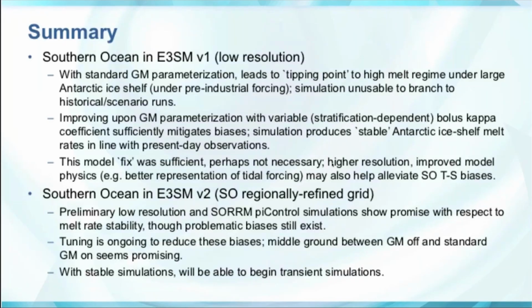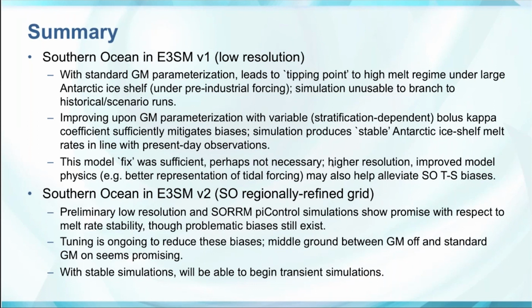And so just to sum up, our V1 simulation campaign had this tipping point behavior that was leading to simulations not reaching an equilibrium that we could reasonably progress to scenario simulations from, and we were able to successfully mitigate that by tweaking the GM parameterization.